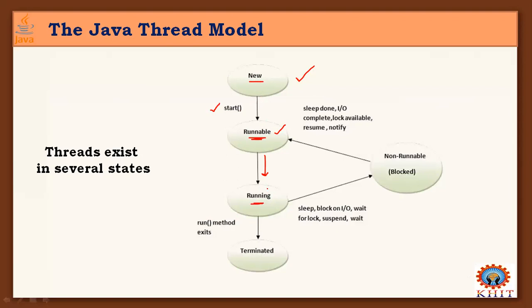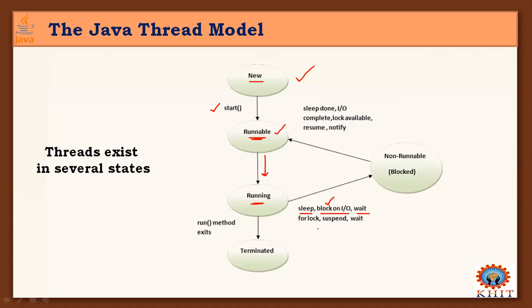During this execution of the thread in the processor, in a CPU, sometimes it may get a method like sleep, or it may get blocked on IO, as I told you in the previous slide. Why? Because we went to the IO device to read input data from the user, but the IO device is busy with another process. So we need to wait. That is called blocked on IO.